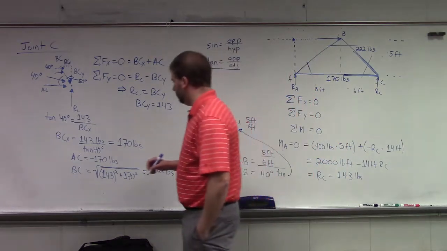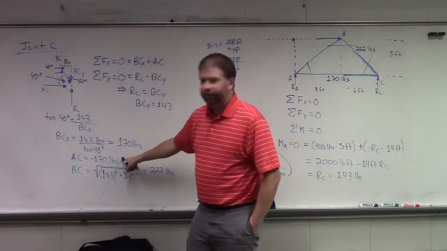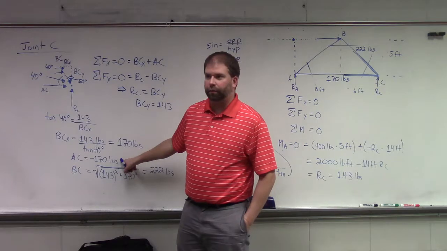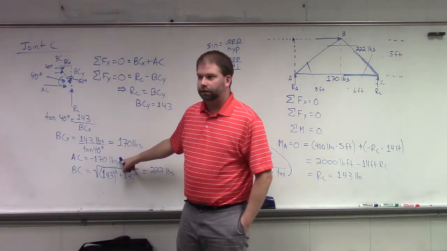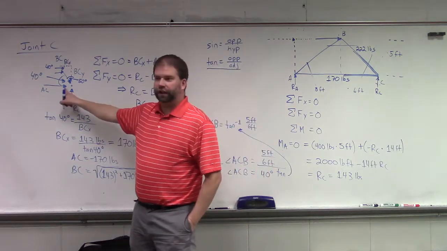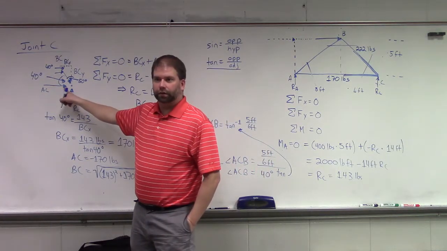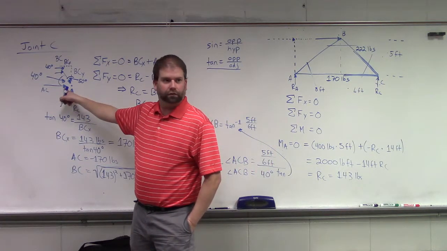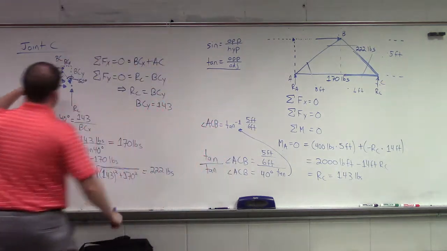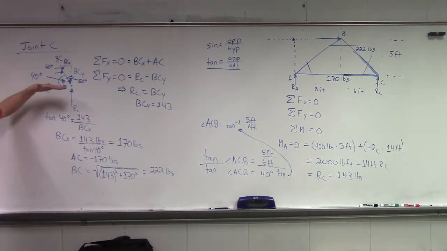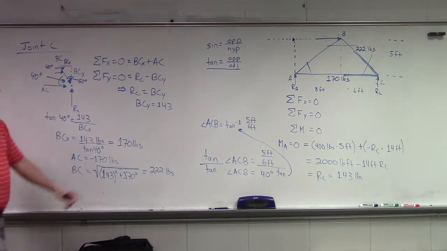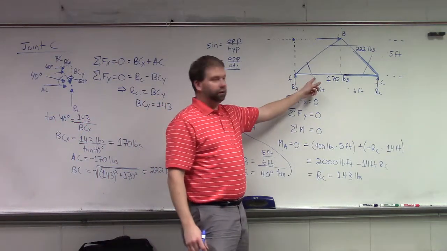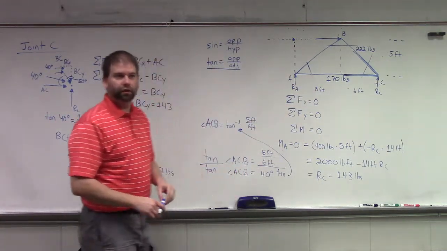One point of note: what does this mean when we came up with AC is minus 170? It's rotating. What does that tell us about our sense? My assumption was incorrect, right? I assumed our force was going to be applied this way. What are we doing to this bottom chord in our loading condition?